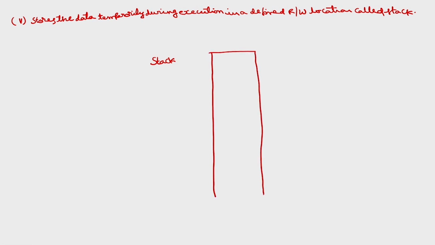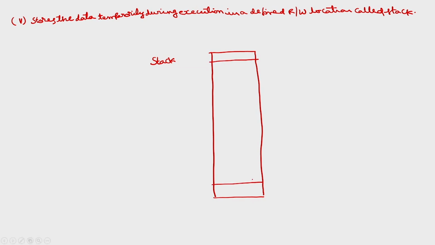So, first I will explain the purpose of the stack pointer and stack in microprocessors. We know that in 8086 there is a stack segment. If I assume that this is the stack segment, this is the starting of the stack segment, and this is the ending.